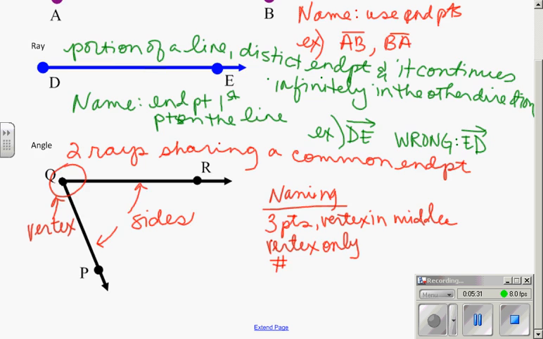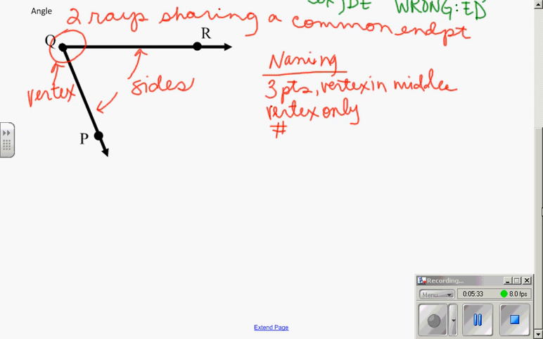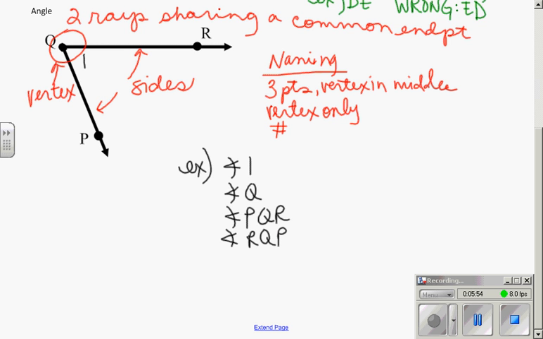Or you can name with a number. Sometimes angles will have a number in them. So for example, I could call this angle 1, and I would know what it is. I could call it angle Q by vertex only, or I could use the 3-point method and call it angle PQR or angle RQP. Either is correct, just notice that I have Q in the middle.